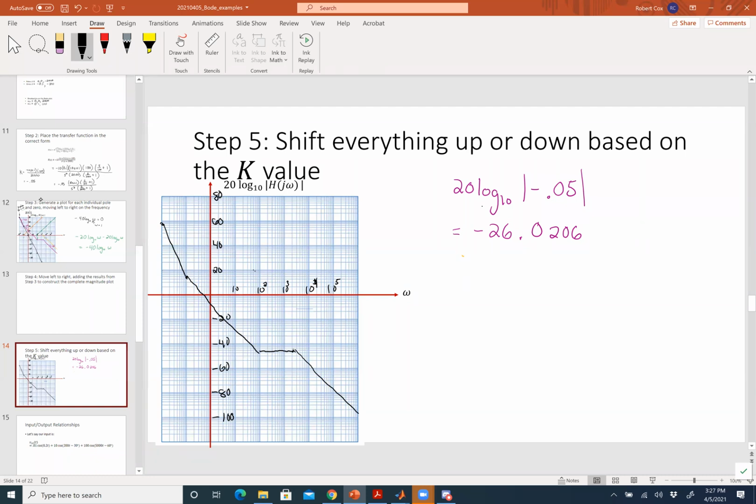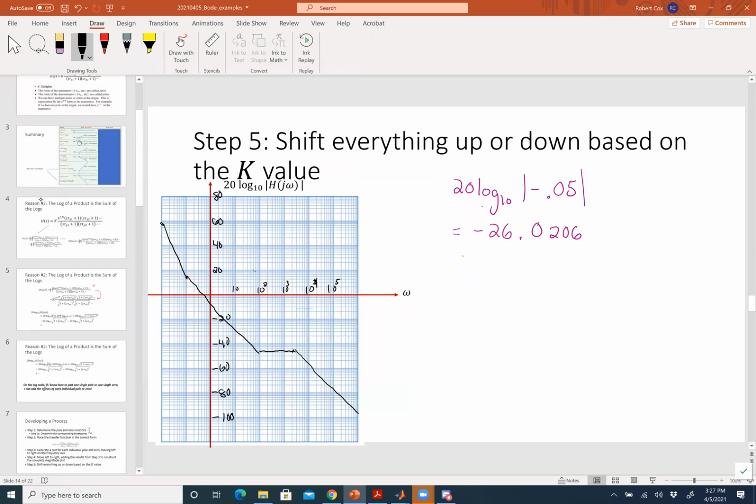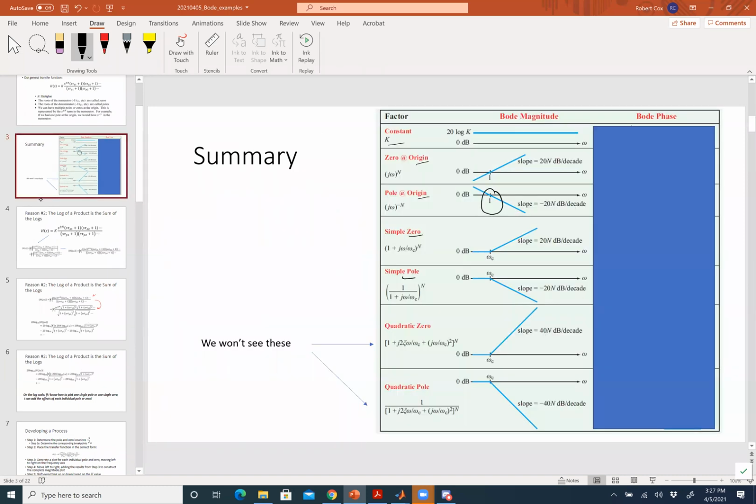I get that conceptually. I guess I'm thinking of problem one. So basically, don't think that hard about it, right? If I have a pole at the origin or a 0 at the origin, I go back to these building blocks. A pole at the origin crosses through 0 dB at 1 radian per second. A 0 at the origin crosses through 0 dB at 1 radian per second.